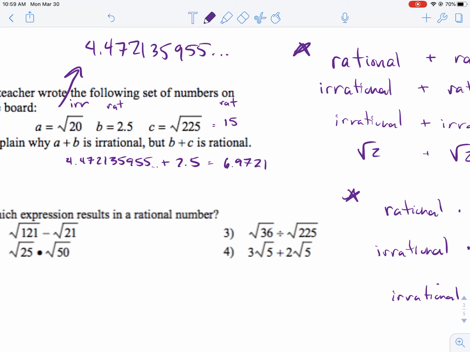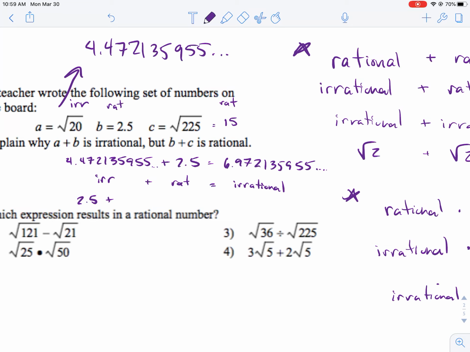So you get 6.972135955. Okay? No pattern. All right, our calculator doesn't show it, but it continues on. Okay, it's non-terminating. So therefore, we have an irrational plus a rational should equal an irrational number.